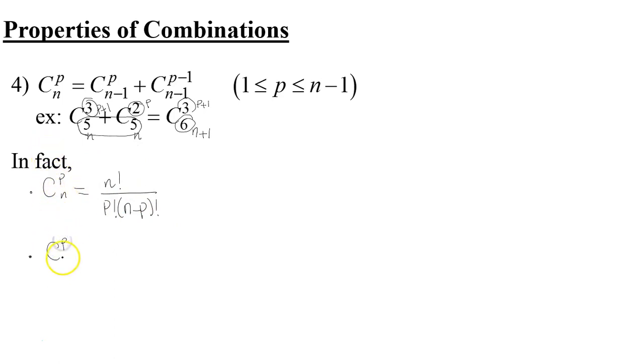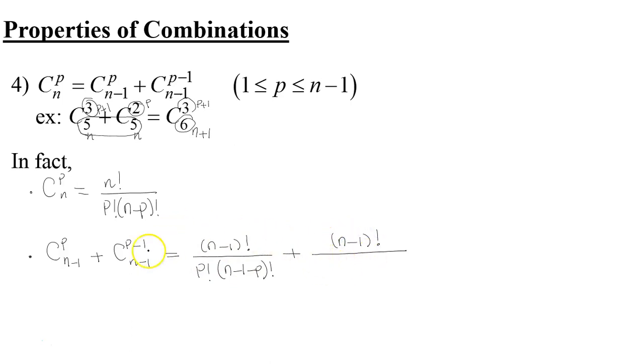So the combination of p out of n minus 1 plus the combination of p minus 1 out of n minus 1 is equal to the first one, that's the total number of objects factorial, n minus 1 factorial, over the number of selections factorial times the difference factorial, so that's (n minus 1 minus p) factorial, plus, again, the total number of objects factorial, that's n minus 1 factorial, divided by the total number of selections factorial, multiplying the difference of these two, so that's (n minus 1) minus (p minus 1).